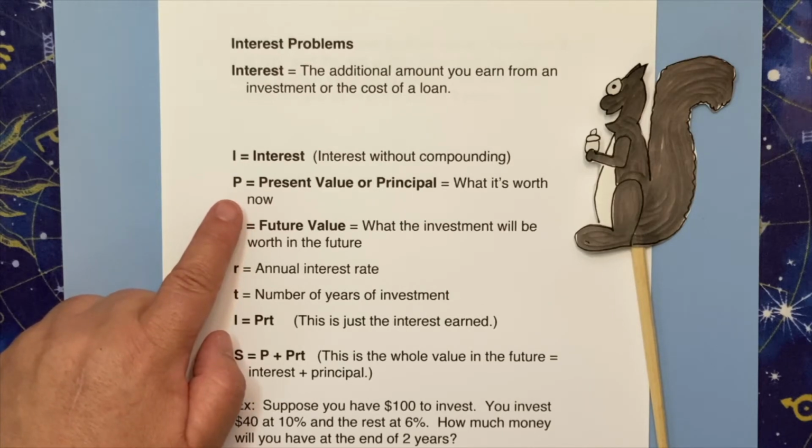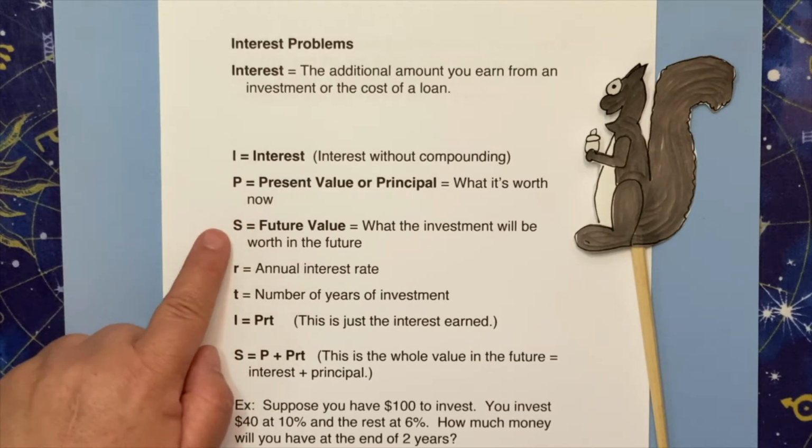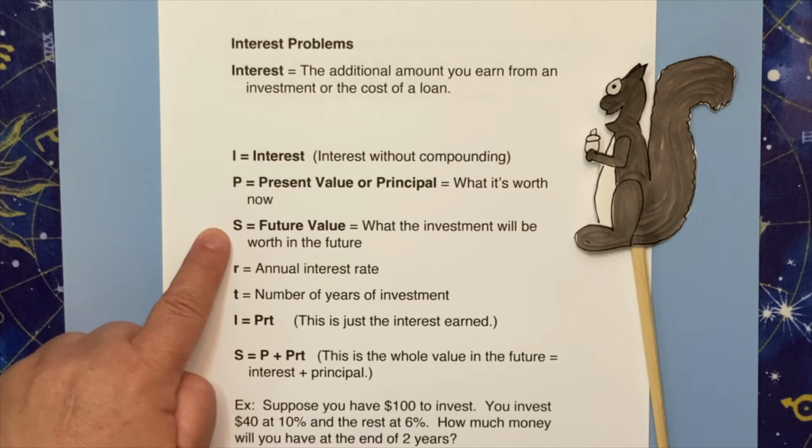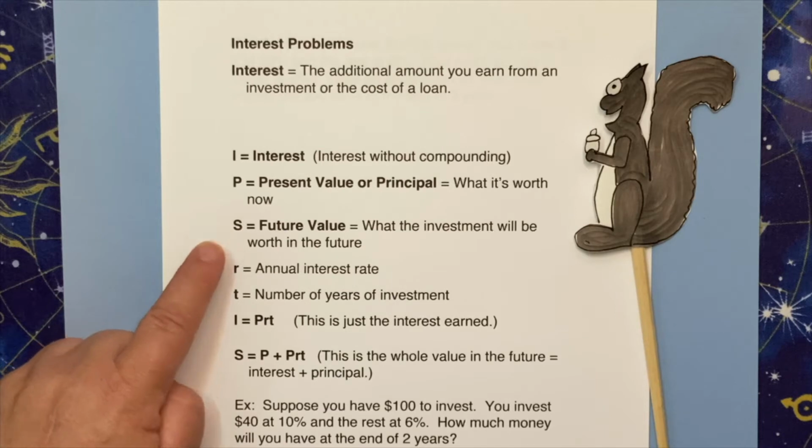How much do you have right now? Now S, strangely enough, is going to stand for future value, and sometimes you might see this as A instead, but we're going to use S. That's what the investment will be worth in the future. So how much extra money will we have earned with the interest?